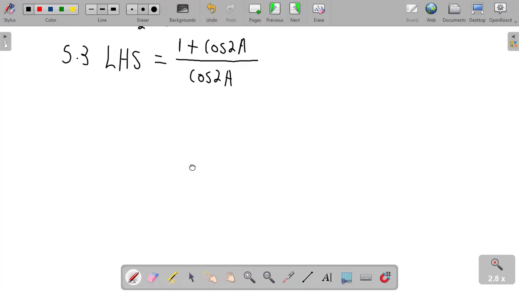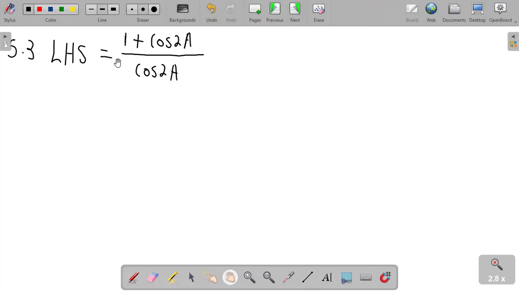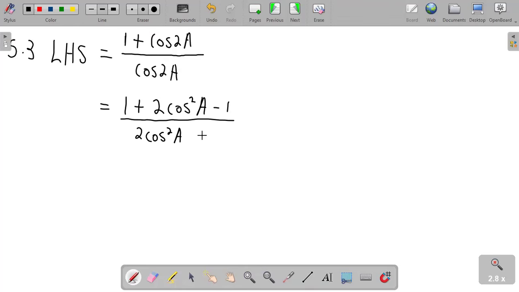If we simplify, you can try to simplify the left hand side. If we change cos 2a here, we can say 1 plus 2 cos squared a minus 1, divided by 2 cos squared a, using the double angles.